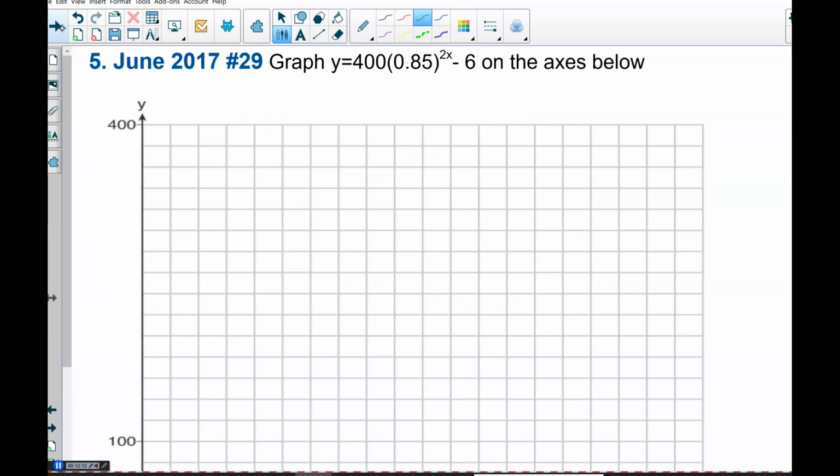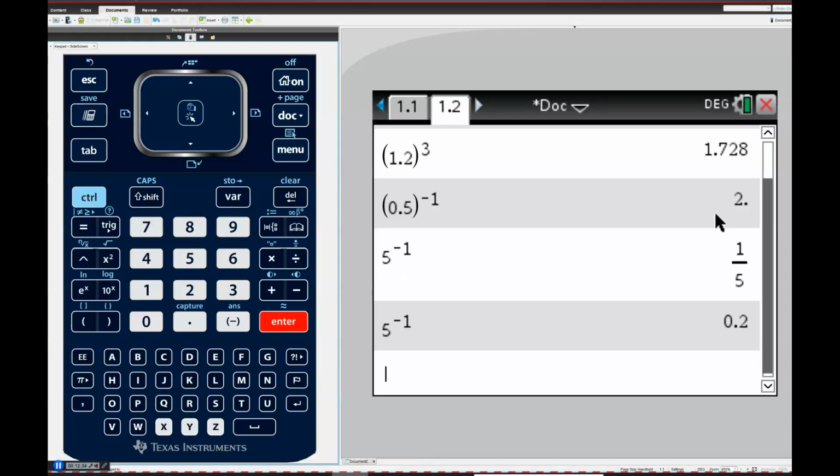So for the last problem, this is from the June 2017 Regents, problem number 29. We're going to graph this function, okay? So they like providing this type of question on the Regents, and they'll ask other parts that we'll address in the logarithmic unit. So let's go to a calculator page.